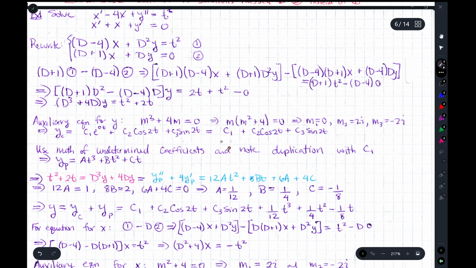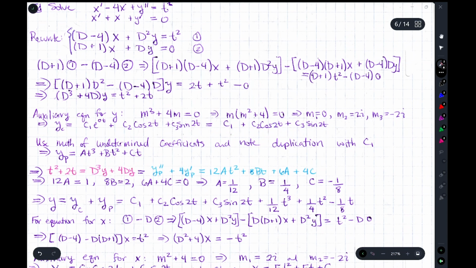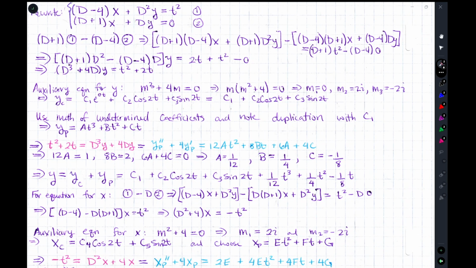But because of that duplication with that final c and this, what do we do? What's our trick? We use that multiplication rule, and we multiply by t. Okay. Once we multiply by t, none of these terms are duplicated now in the complementary function.